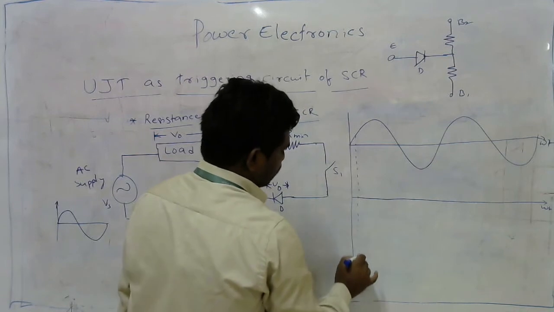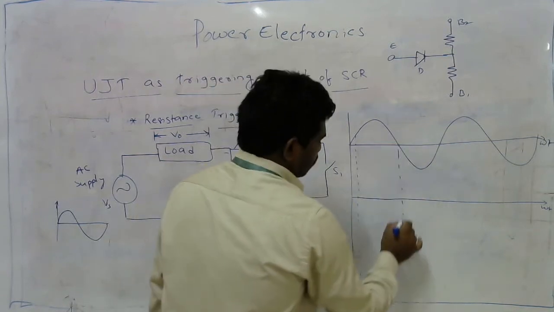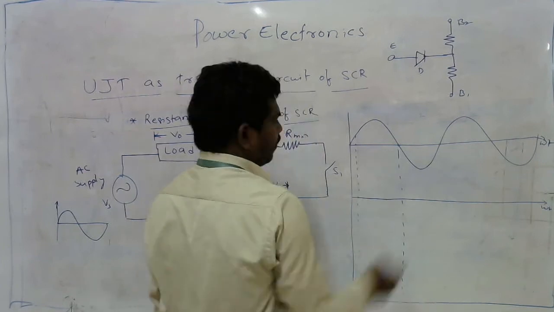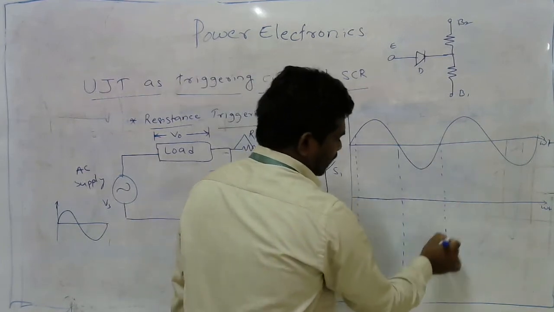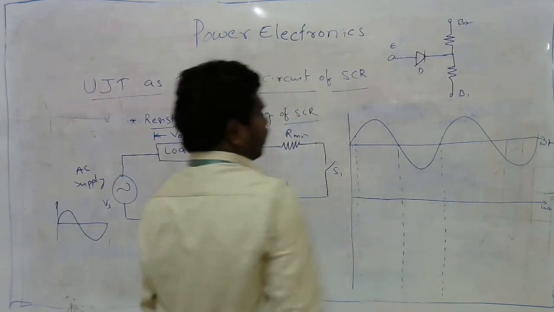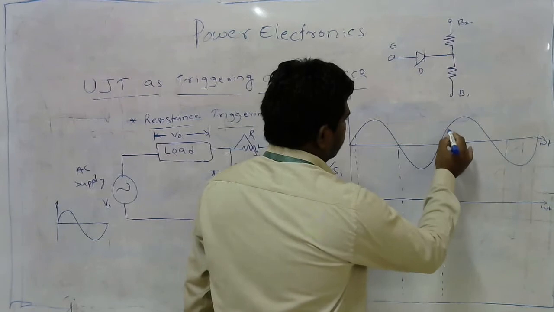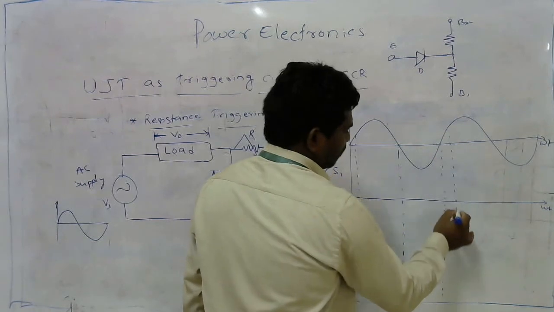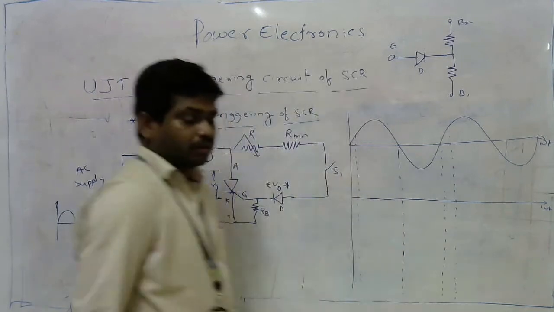Take the alpha values. Drawing waveforms is a big task. Please do practice, then only will you get good waveforms by hand. Practice makes one perfect. It works well while drawing the waveforms.